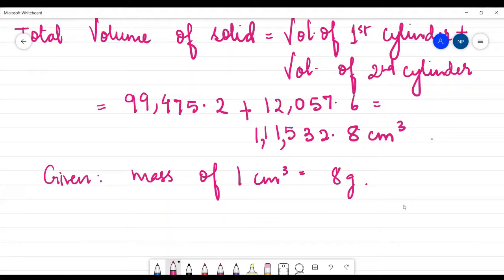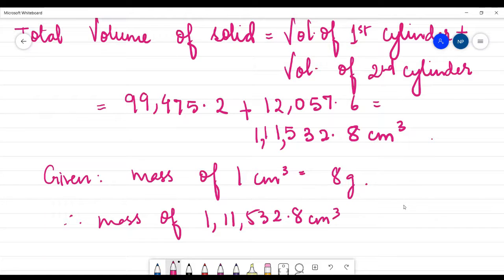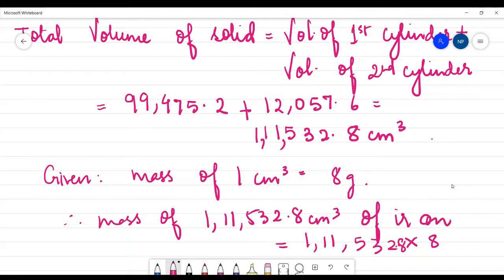1,11,532.8 centimeter cube of iron will be equal to 1,11,532.8 multiplied by 8.